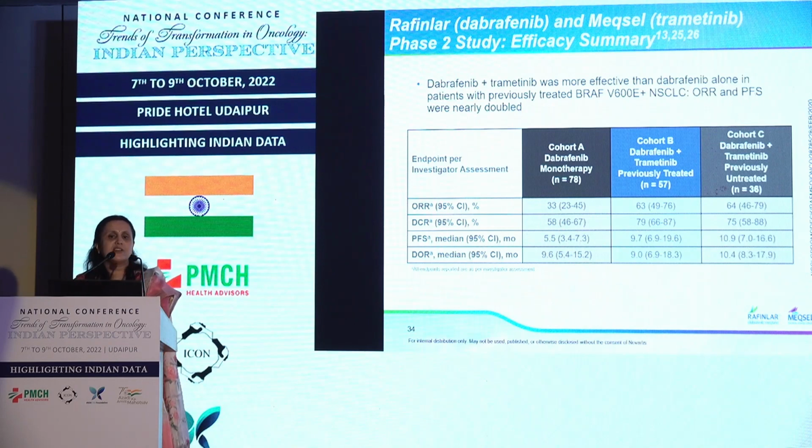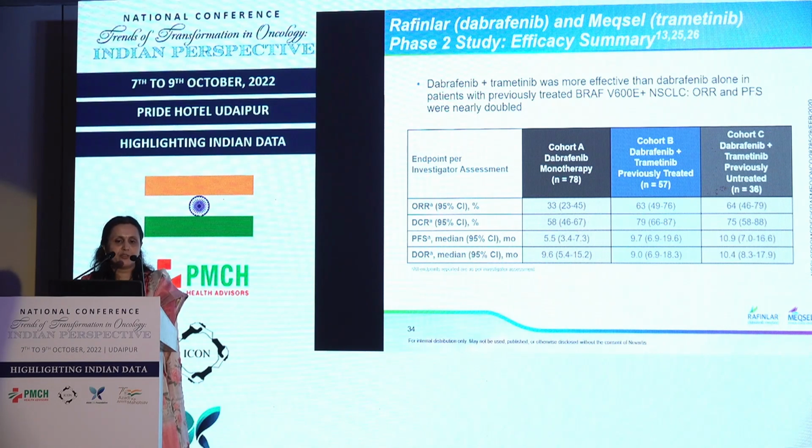So this is the final efficacy summary, where dabrafenib and trametinib was more effective than dabrafenib alone in previously treated patients. In cohort A, where monotherapy was given, the overall response rate was 33%, while when the combination was given, this response rate improved to 63%, and in the previously untreated patients, the overall response rate was 64%.